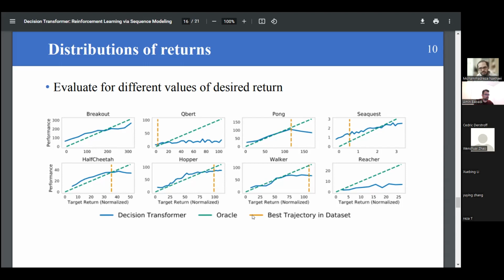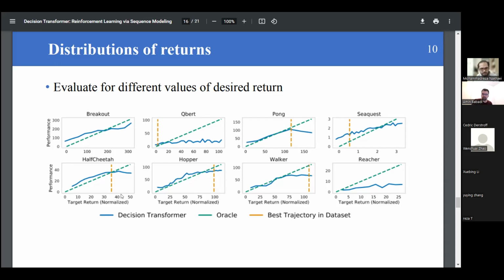The yellow line indicates the best trajectory in the data sets. And as you can see in many environments, for example, in Seaquest and QBERT, the decision transformer was able to reach performance better than the best trajectory in the data sets.